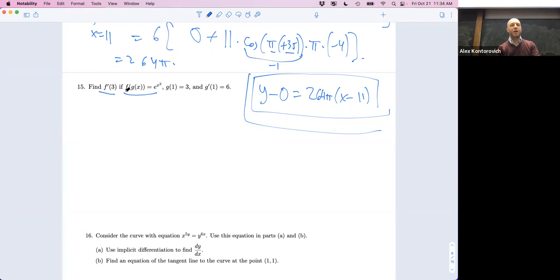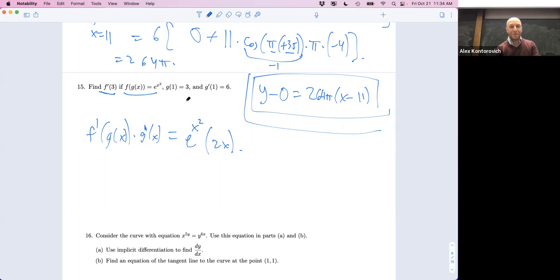And so how would you do this? If we differentiate both sides of this, I get f prime of g of x times g prime of x. That's just the derivative of the left side. The derivative of the right side is the derivative of e to something, is e to that same thing, times chain rule 2x. I want to know what f prime of 3 is.